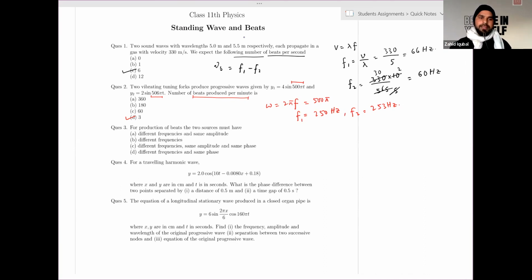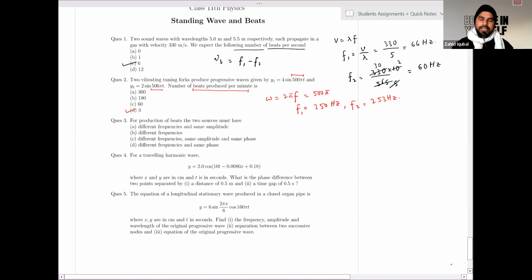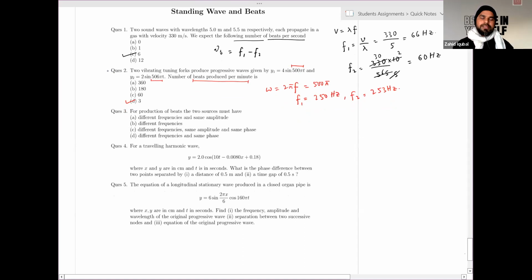It should be option C. Different frequency, same amplitude, so that at one time we get a faint sound and at another time a loud sound, and same phase, so that they will easily superimpose over each other. Is it clear? Yes, sir.